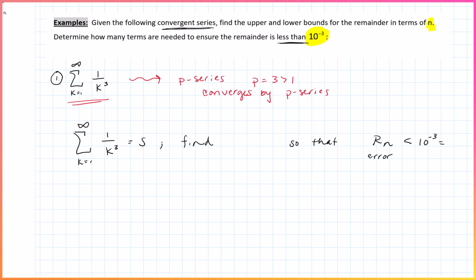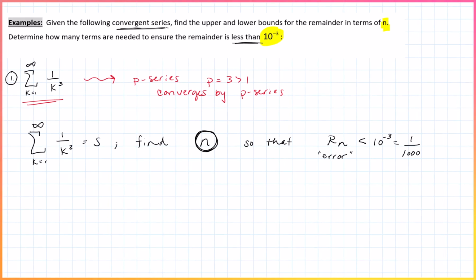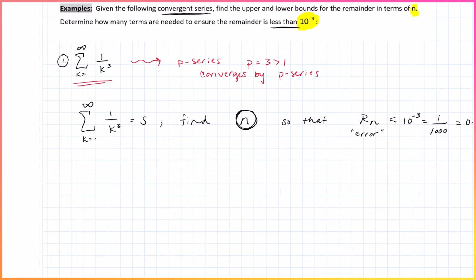I wrote find R sub n, but we want to find n, not R sub n, so that R sub n is less than 10 to the negative third, so that the error in an estimation is less than 1 over 1,000. So we will be within 1/1000th of the actual sum when we make our estimation.